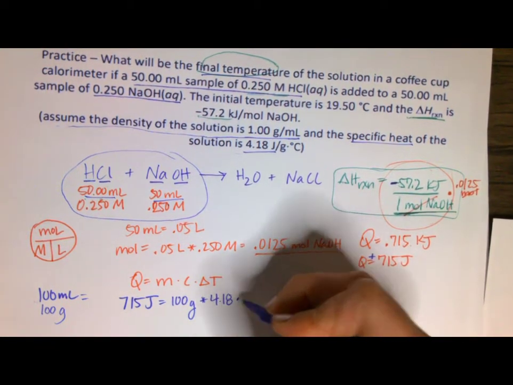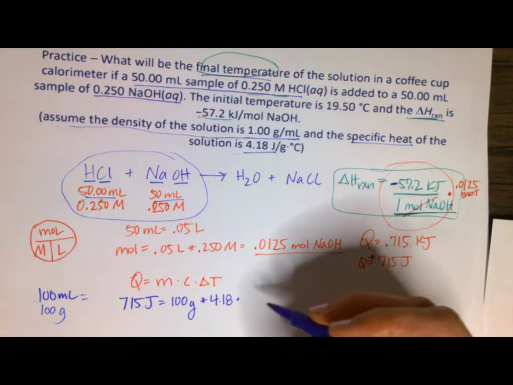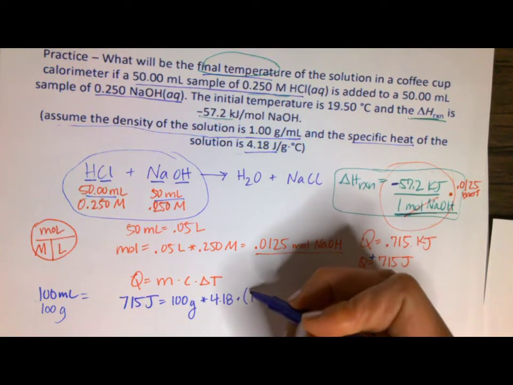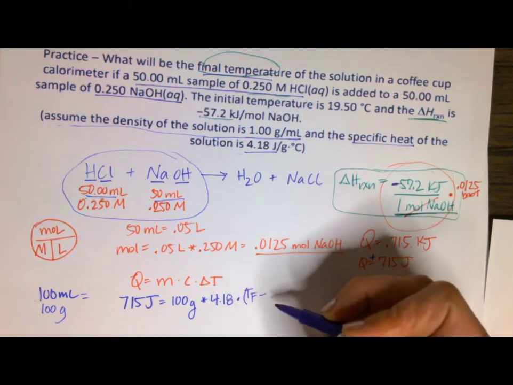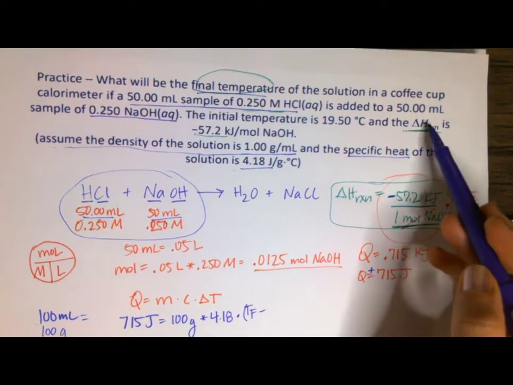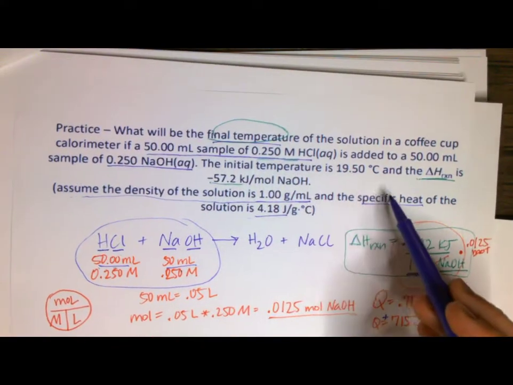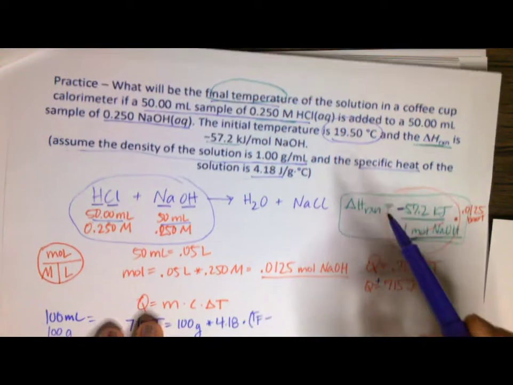And my change in temperature, I have to find my final temperature, so TF minus, it tells me the initial temperature. What does it say? Initial temperature was 19.5 degrees Celsius.